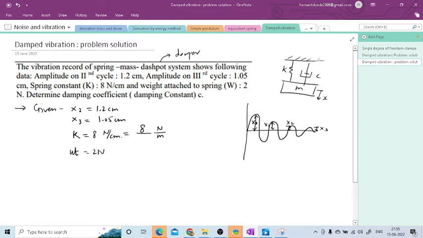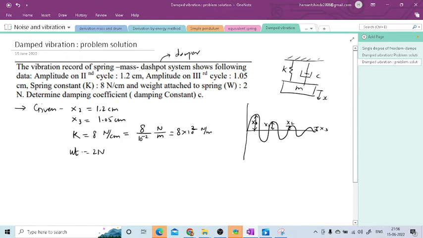How to convert? The centimeter is in the division, so multiply by 10 raised to minus 2 in the division, so that it will be converted into meter. Means 8 divided by 10 raised to minus 2 will be Newton per meter. Transfer this 10 raised to minus 2 to the upper side, so it will become 10 raised to plus 2. So 8 into 10 raised to 2 Newton per meter is the stiffness.